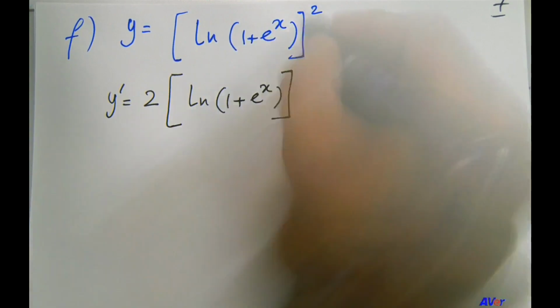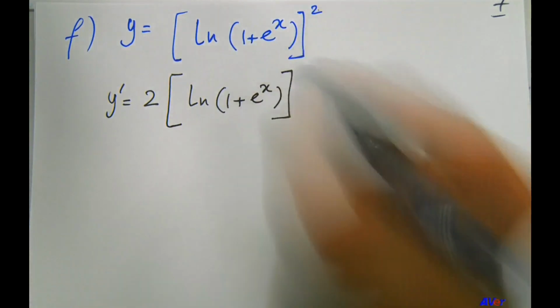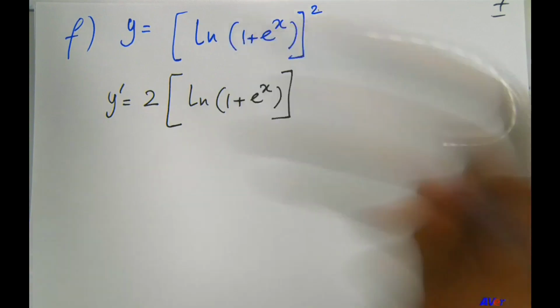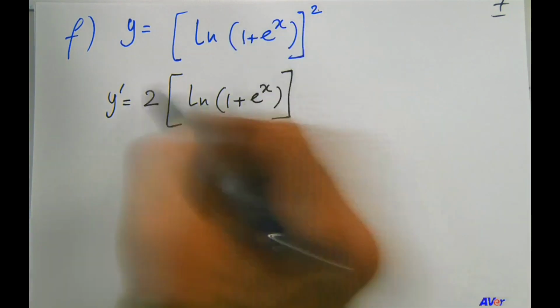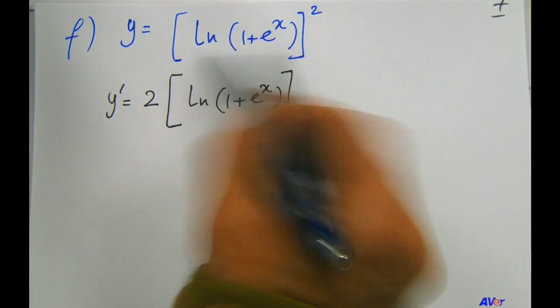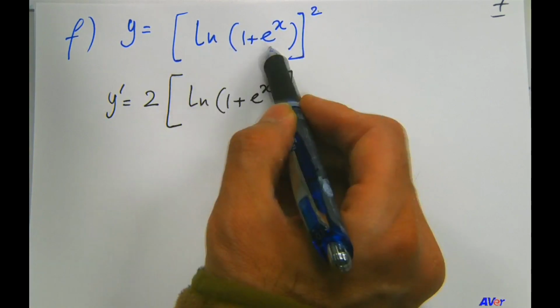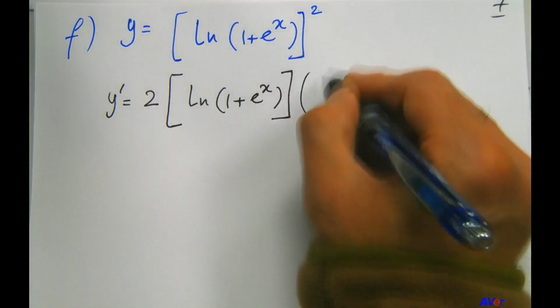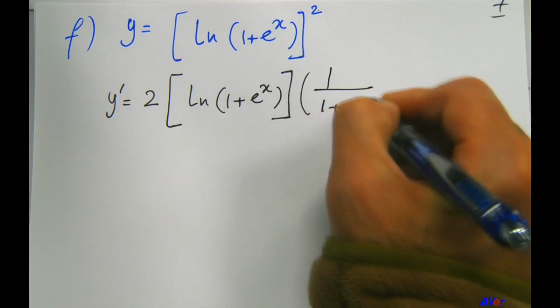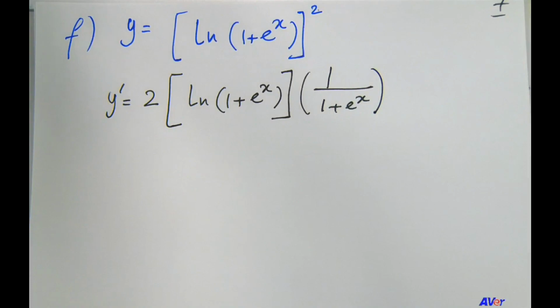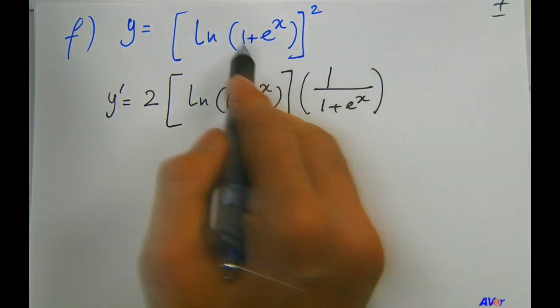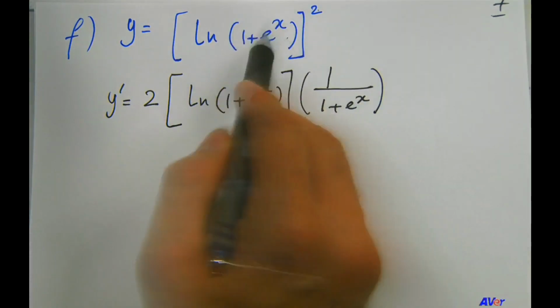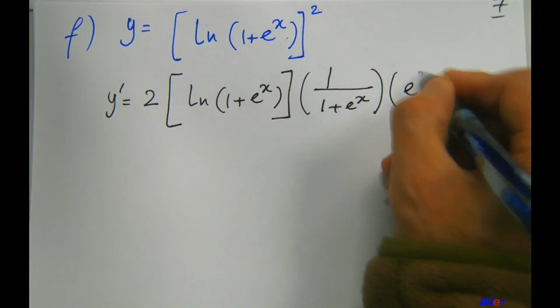So 2 minus 1 is just 1, which I'm not going to write. And then by the chain rule, we need to multiply all of this by the derivative of this. So the derivative of this is 1 over all of this, and then times, again by the chain rule, the derivative of inside the parentheses, which is e to the x.